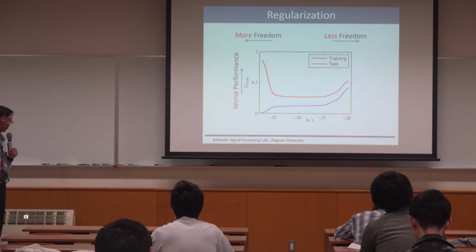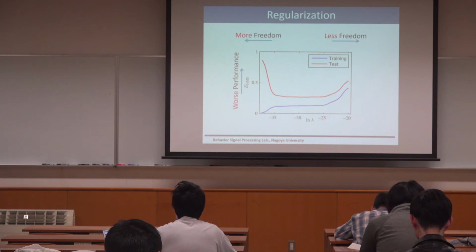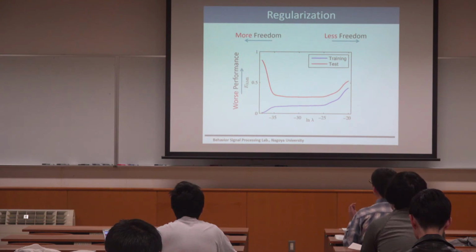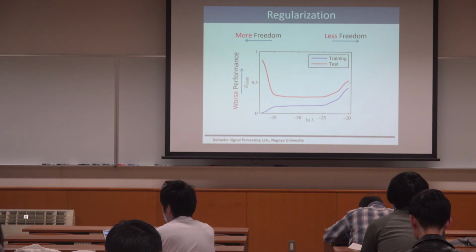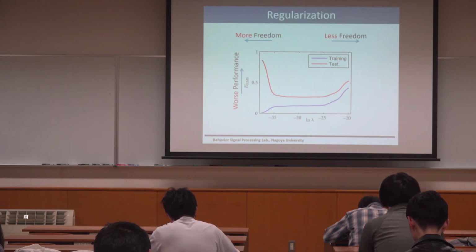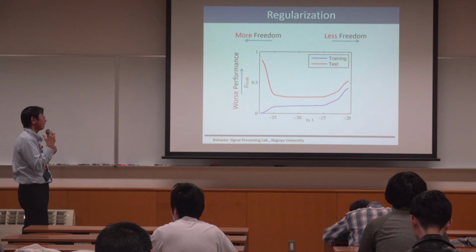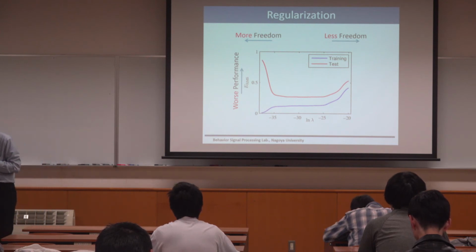And 5 years ago, in deep learning or the machine learning field, regularization was considered important, but currently they say regularization is not so important as we saw before, but increasing data and also an exhaustive search of meta parameters can overcome the difficulty of finding a robust model. So in the state-of-the-art technologies, it seems we need the trade-off between training data error and test data error, or robustness, or the number of data.